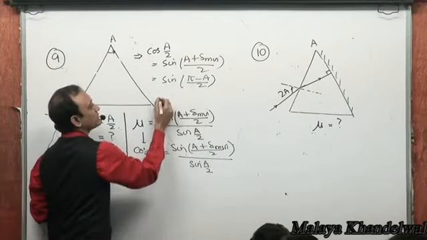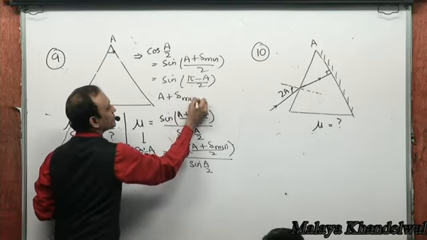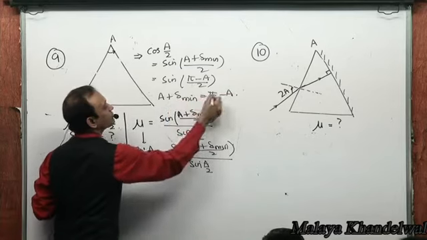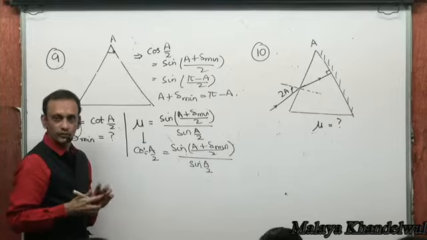And therefore, equating the angles, we get A plus delta min equals pi minus A, and delta min therefore would be pi minus 2A. Delta min therefore would be pi minus 2A, right?